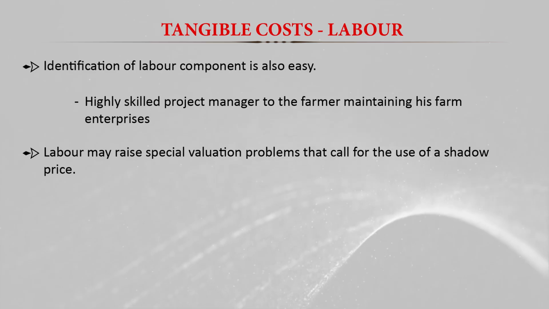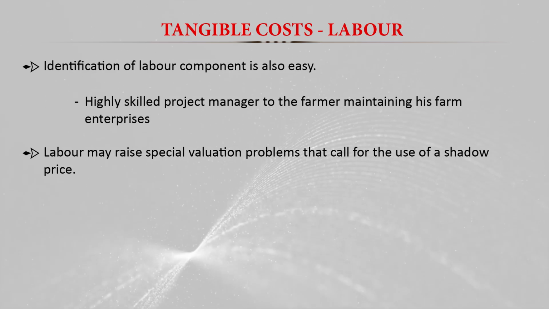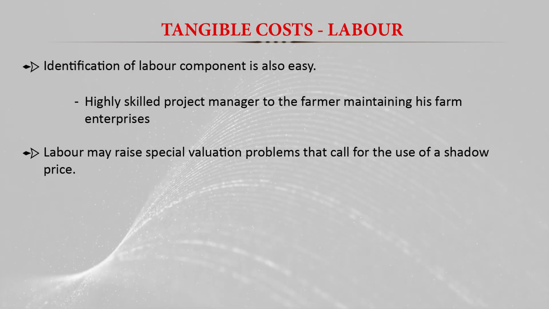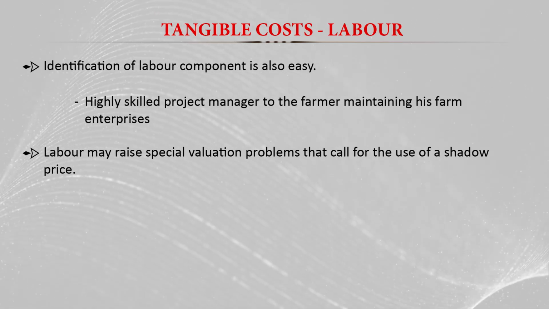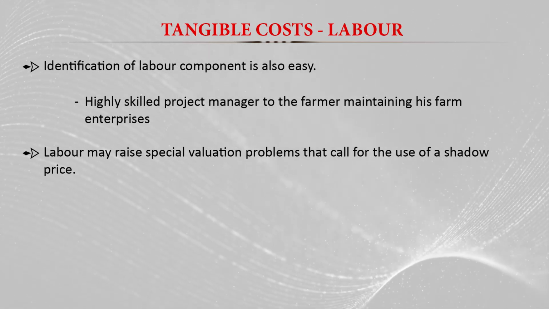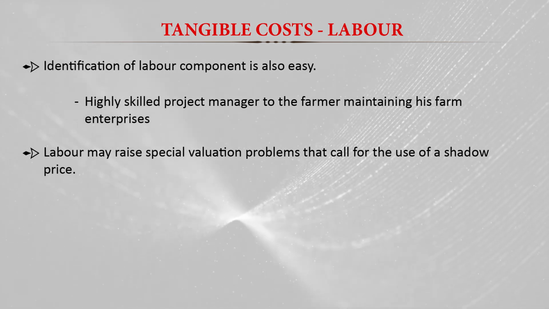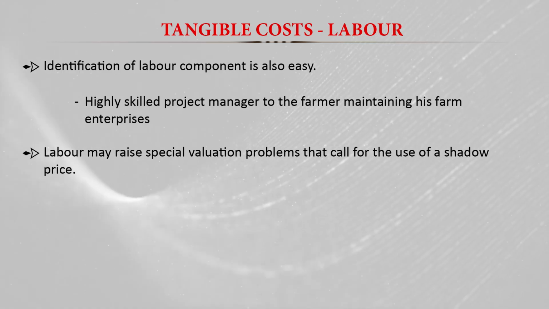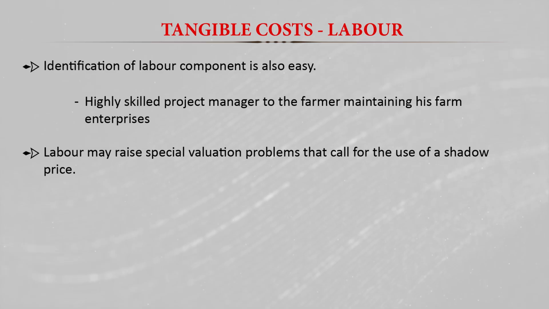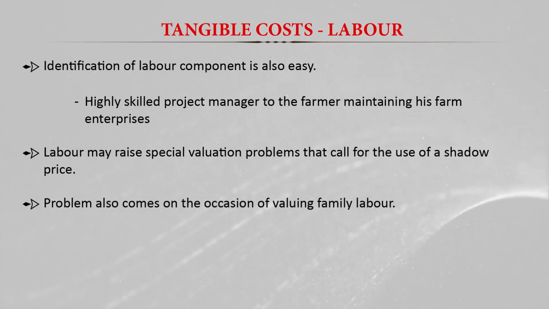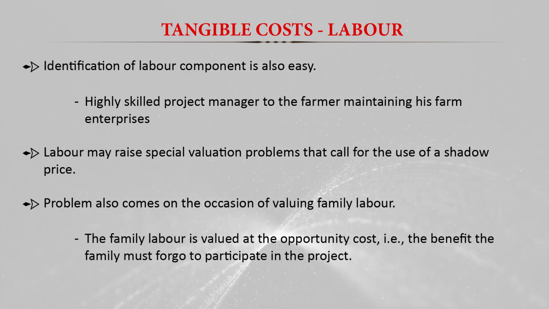Sometimes we cannot determine wages or salary easily, like for family laborers. So how to value them? If we are using family laborers on the farm, we provide some shadow prices, but there is a problem of what type of shadow price we should use as the cost of the family labor.